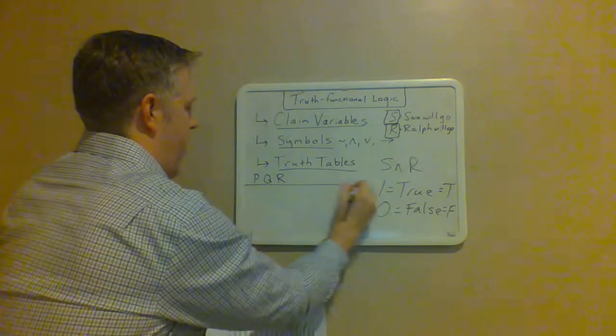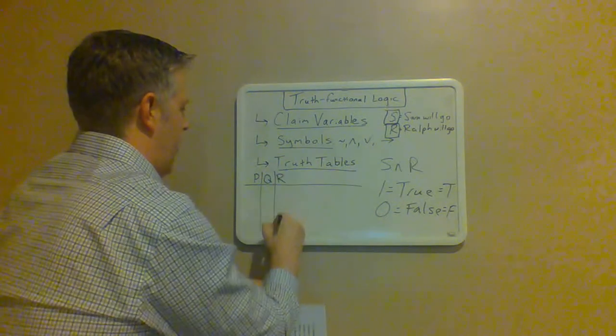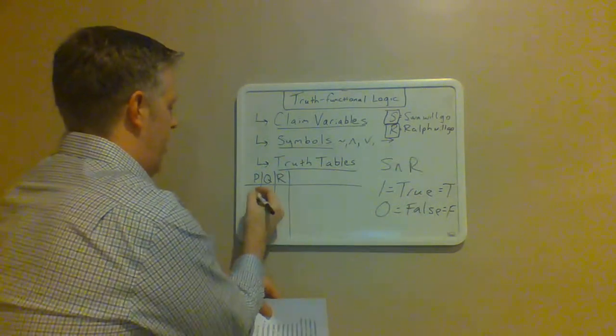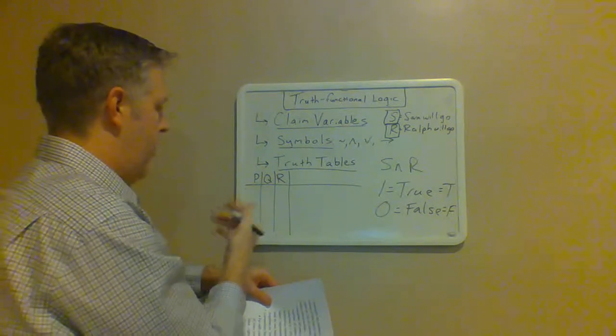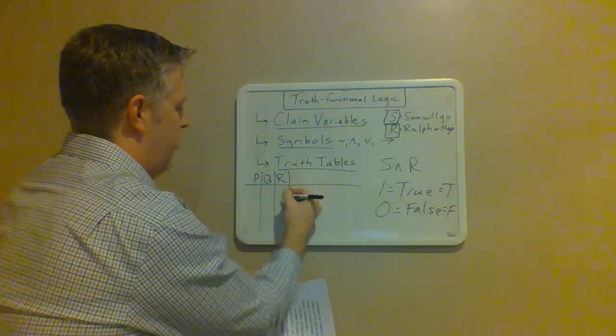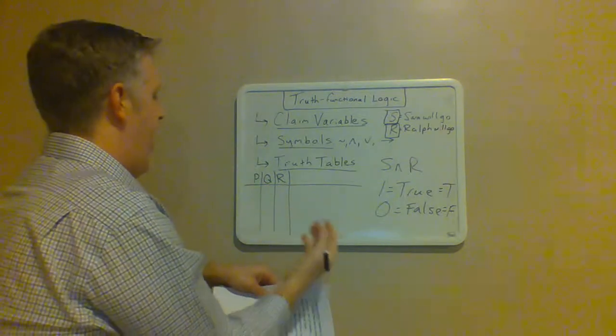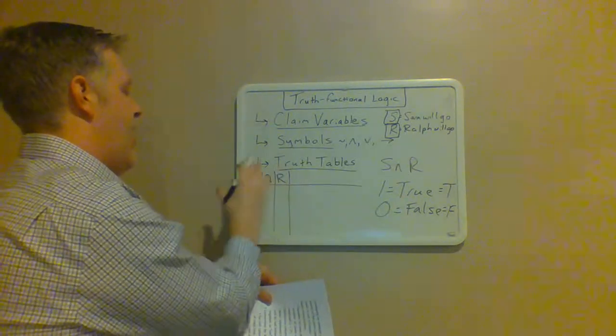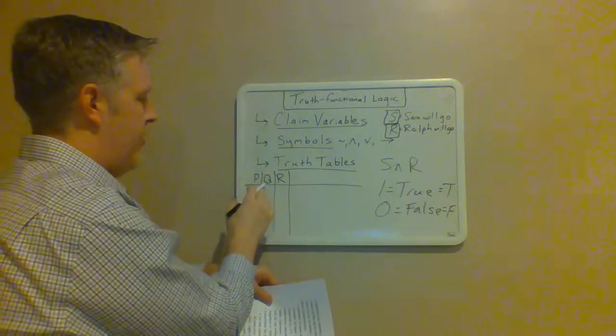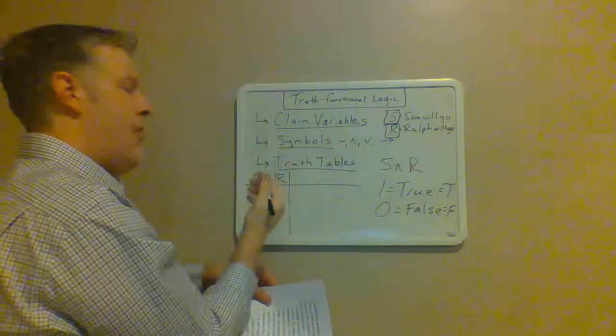Okay, let's pretend we had 3 basic claim variables here. I always start on the far left. You could start on the far right and just go true, false, and then true, true, false, false, etc., but I like to start on the far left. I know I have 8 total rows because there are 3 claim variables. So 8 divided by 2 is 4.